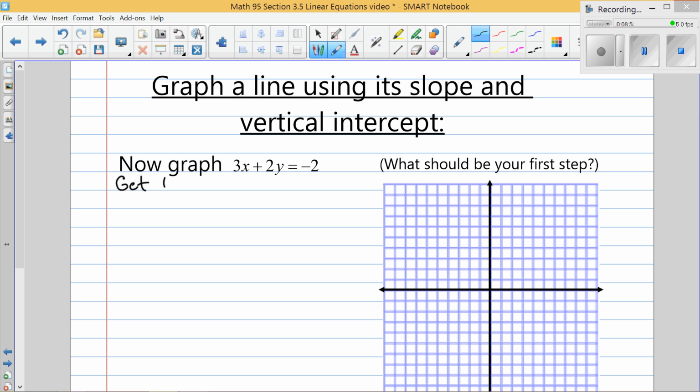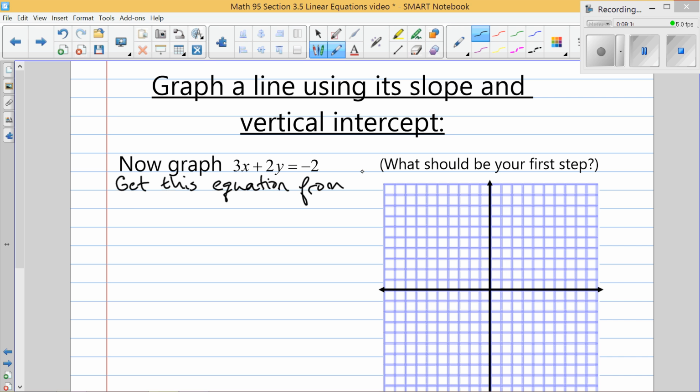Get this equation from, do you guys remember what equation it's in right now? It is in standard form.